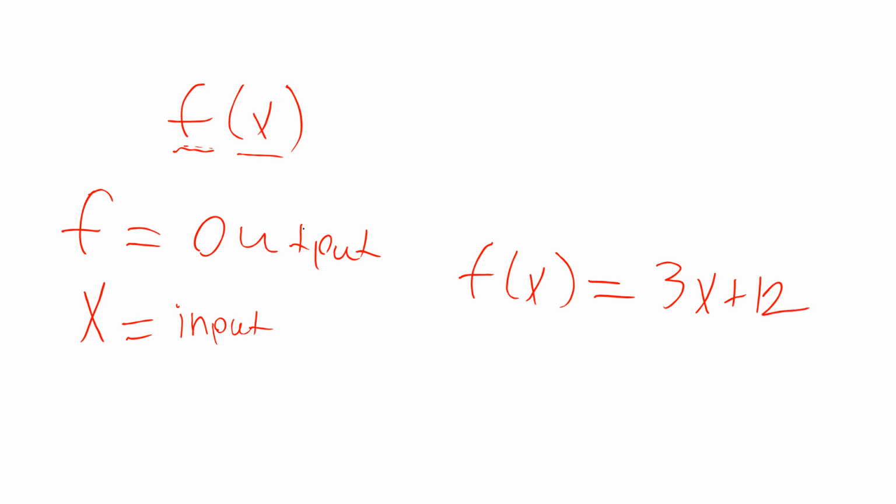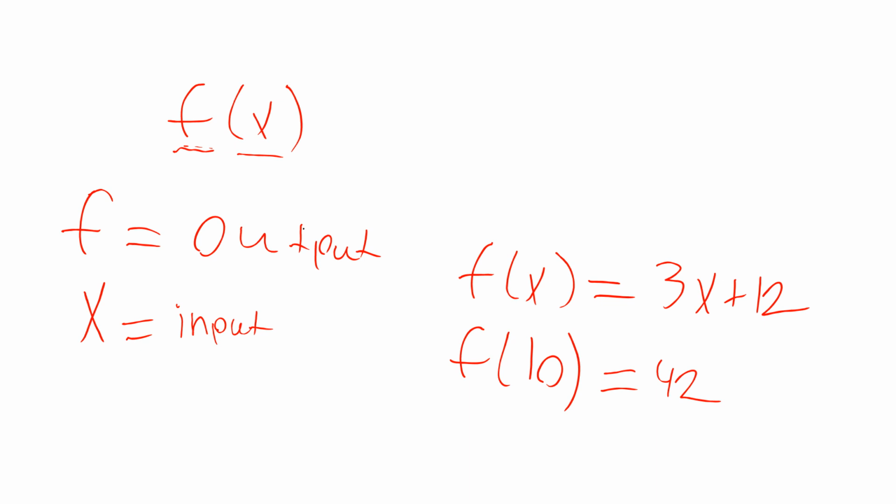If someone gives you this, they can ask something like f of 10. When we plug in 10 to this equation, what are we going to get back as f? 3 times 10 is 30. 30 plus 12 is 42. So f of 10 in this case is 42.